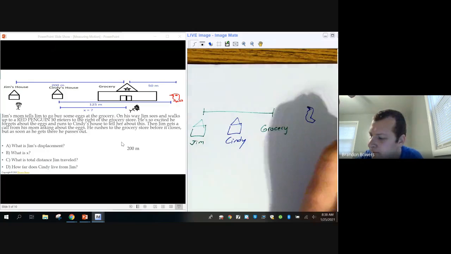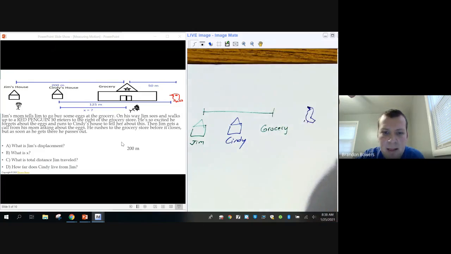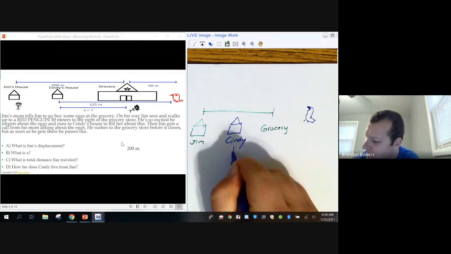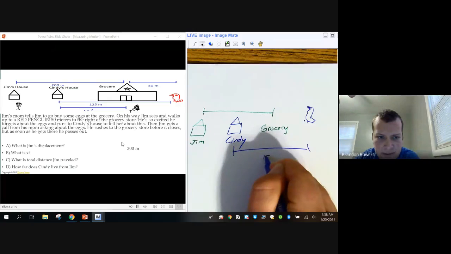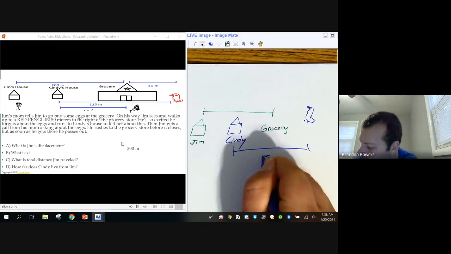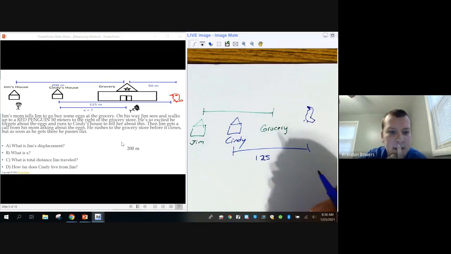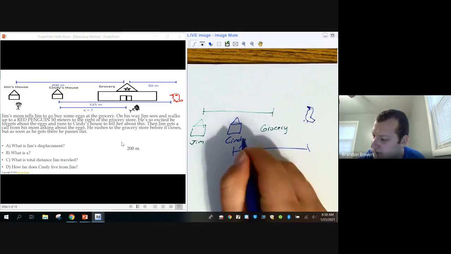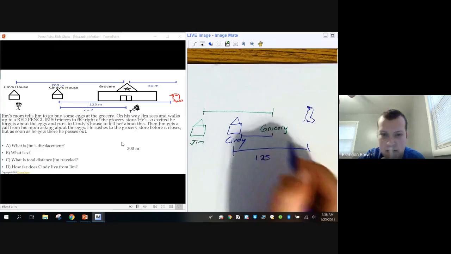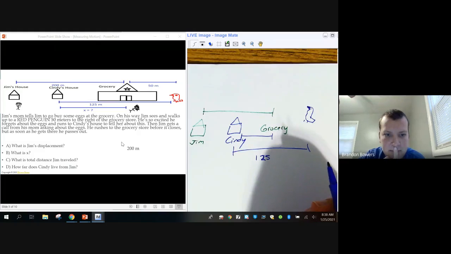All right, and let's see. What is x? Well, we know from Cindy's house to the red penguin is 150, or 125, my bad. 125. We're trying to find Cindy's house to the grocery store. That's what we're trying to solve.